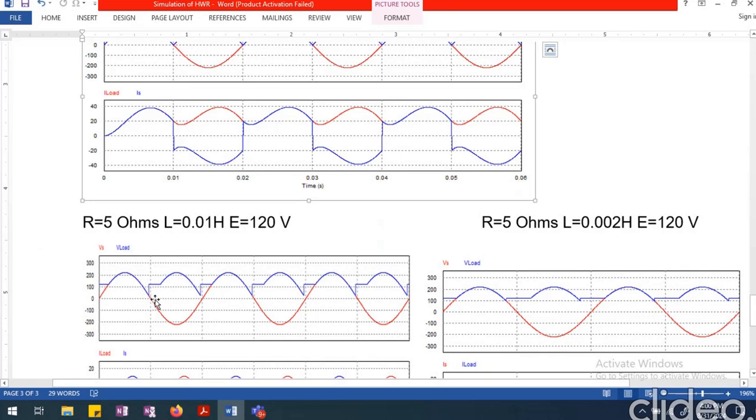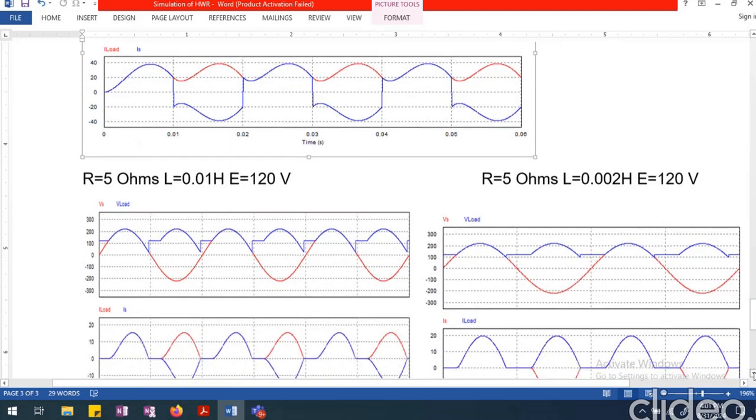That is the reason you can see the open circuit voltage of 120 volts that actually appears on the output side. Then once the devices get forward biased, immediately the current starts flowing. So again, you can see the reverse of the source voltage during negative half cycle that appears as load voltage. So you can see that very clearly.